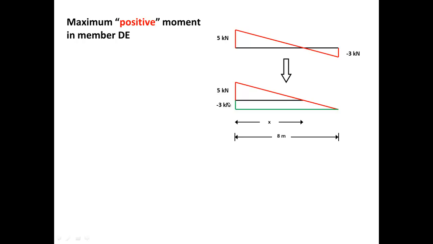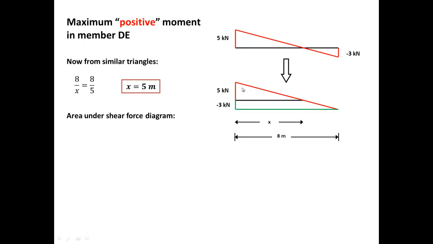So 8 over x, where 8 is the summation of these values without the negative sign, equals 8 over 5. These are the similar triangles. If I solve for this, x equals 5 meters.